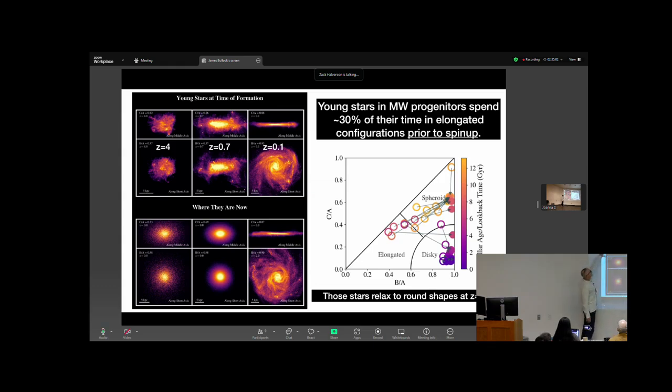And the stars that formed in this particular epoch, which is more chaotic and roundish, are very round today. So that's summarizing this. But the upshot from this analysis was that the young stars in Milky Way progenitors prior to spin-up are spending about 30% of their time in this elongated phase, and that those stars relax to a very round shape today. And Luke has a whole paper on this. If you have questions on this, you should talk to him over the break.